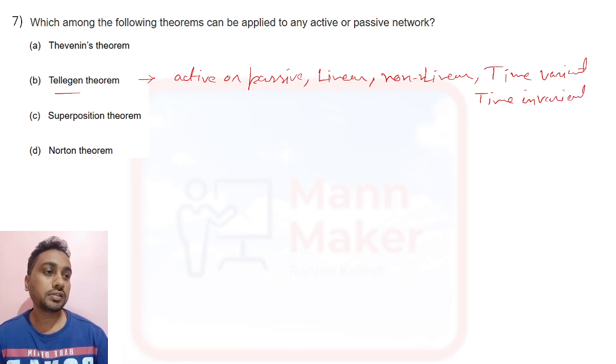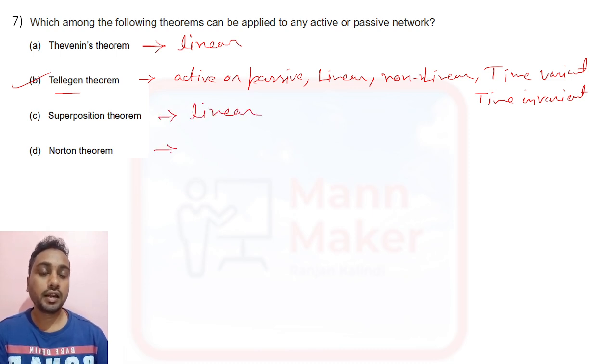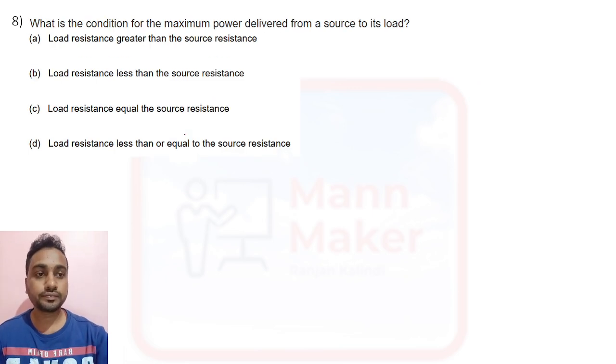So this theorem is applicable for all types of networks. That is the answer, option B. The other theorems, the superposition theorem and the Norton theorem, are applicable only for linear networks. So this is the answer.